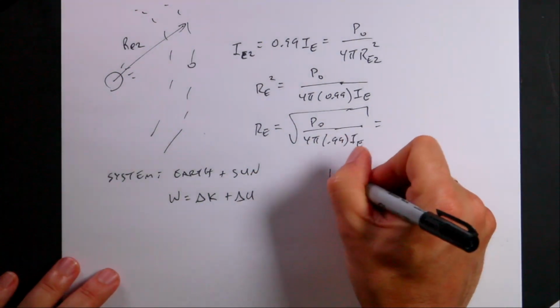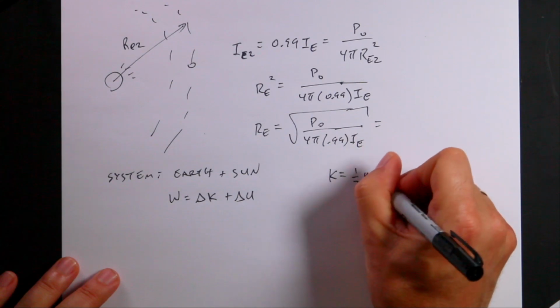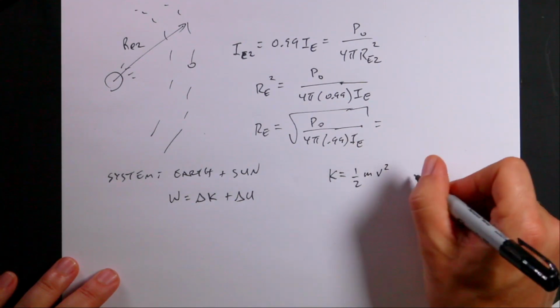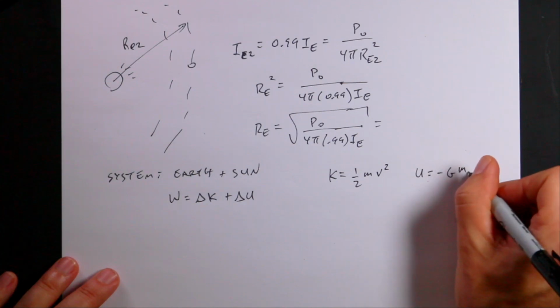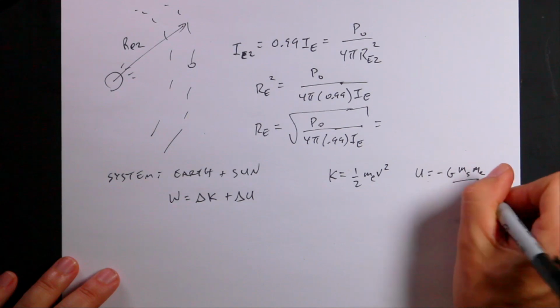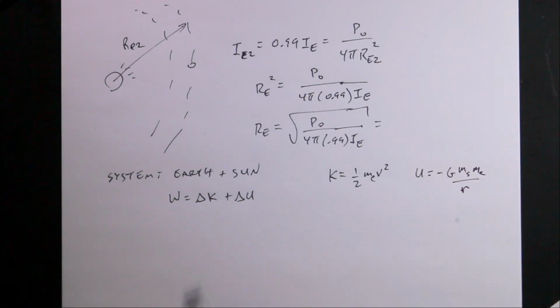So we can define kinetic energy as 1/2 mv squared, and the gravitational potential would be negative G mass of the Sun, mass of the Earth over r.